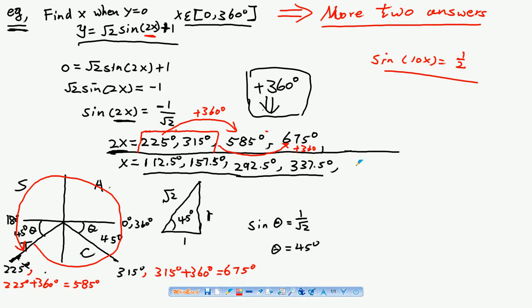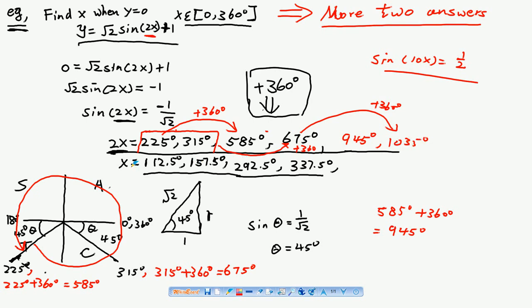Let's do that. So 585 degrees plus 360 degrees is going to be 945 degrees, and the other value plus 360 degrees is going to be 1,035 degrees.